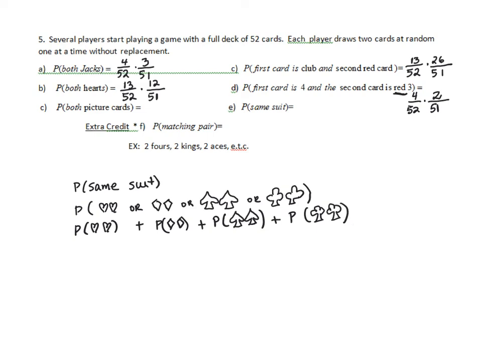Now, the probability of picking a heart the first time would be 13 out of 52. But because there's one less heart, we have 12 out of 51. The same is true for diamonds, and the same is true for spades.